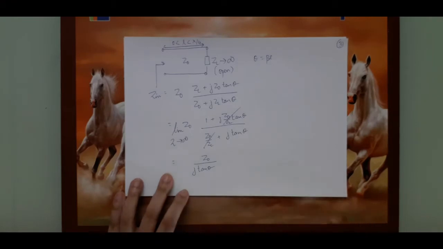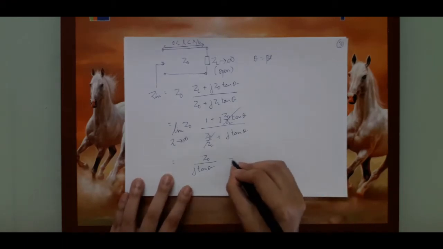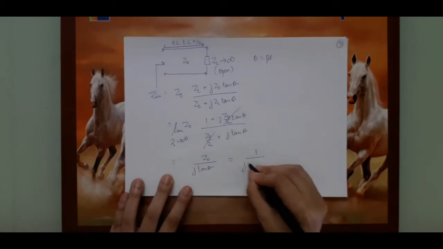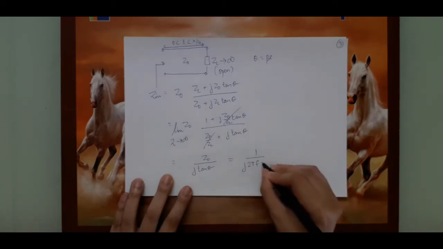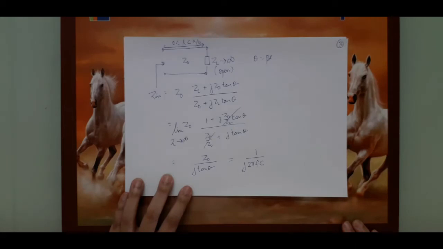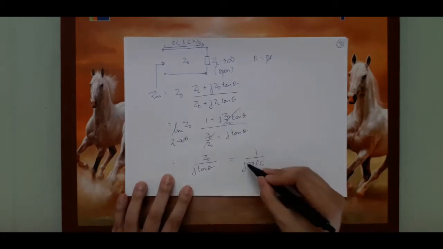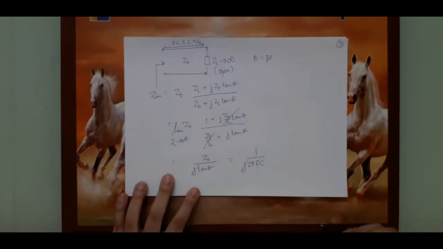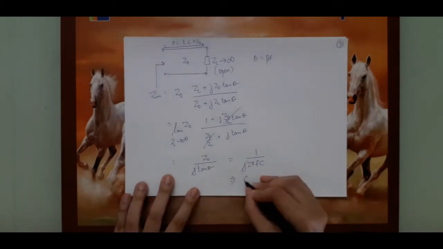So this is very similar to having a capacitive reactance. So if you just cross multiply, you can realize any value of capacitor through this.